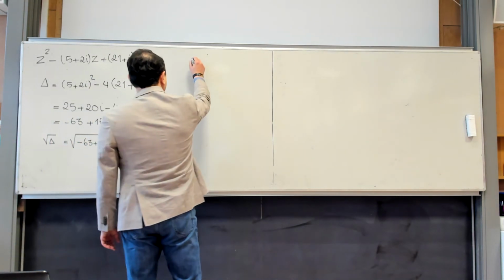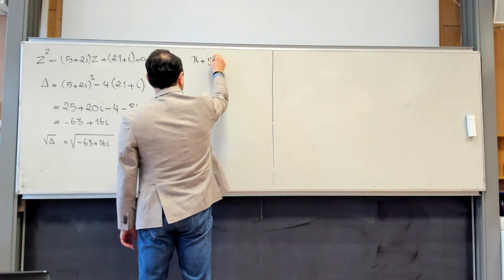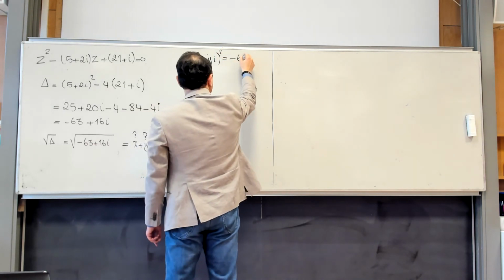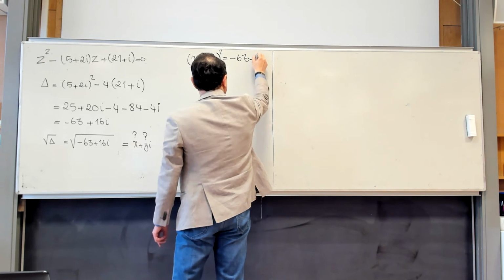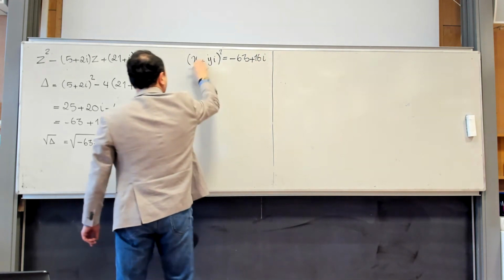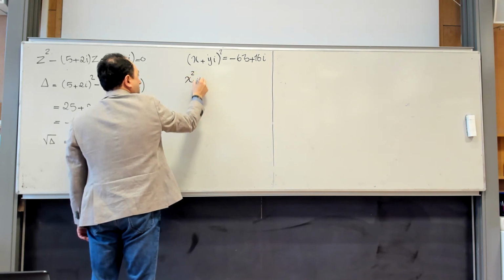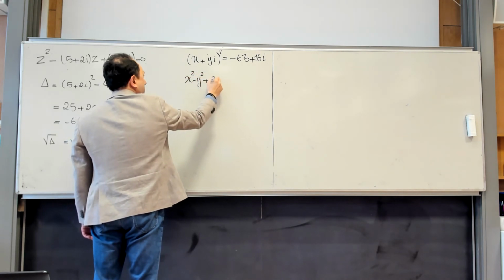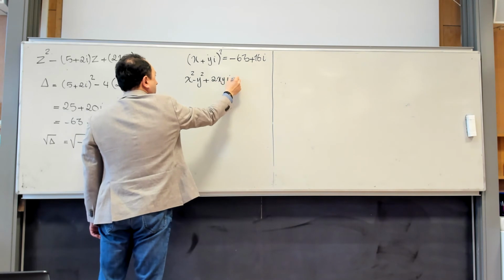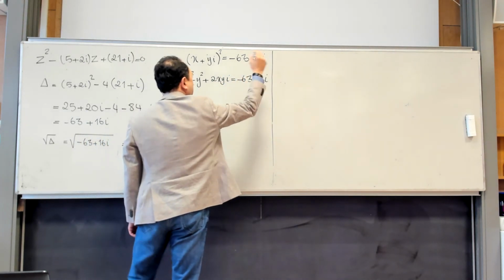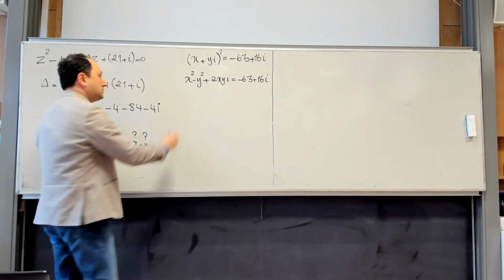So this means that x plus yi squared is equal to this number here that you see, minus 63 plus 16i.